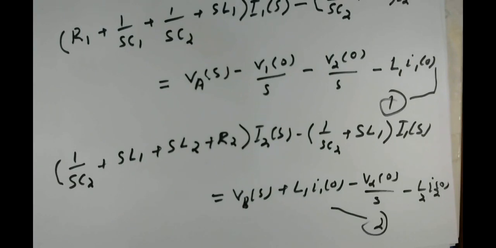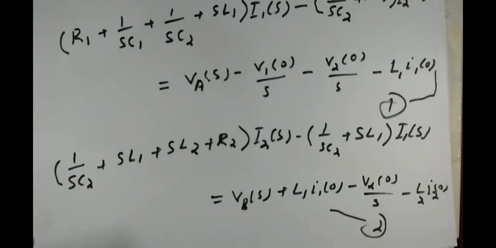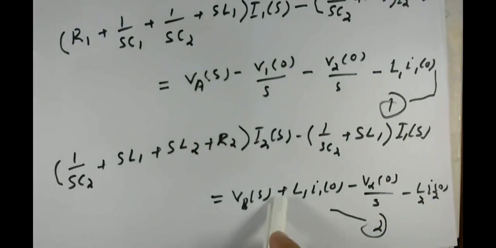So if you know the different components, what are you interested in? If you need to find I1 and I2, you have two equations and two unknowns. The rest, VA and so on, will be known to you. So you can easily find I1 and I2 from equation 1 and equation 2. Once you find I2(s) and I1(s), you can easily transform into I1(t) and I2(t).